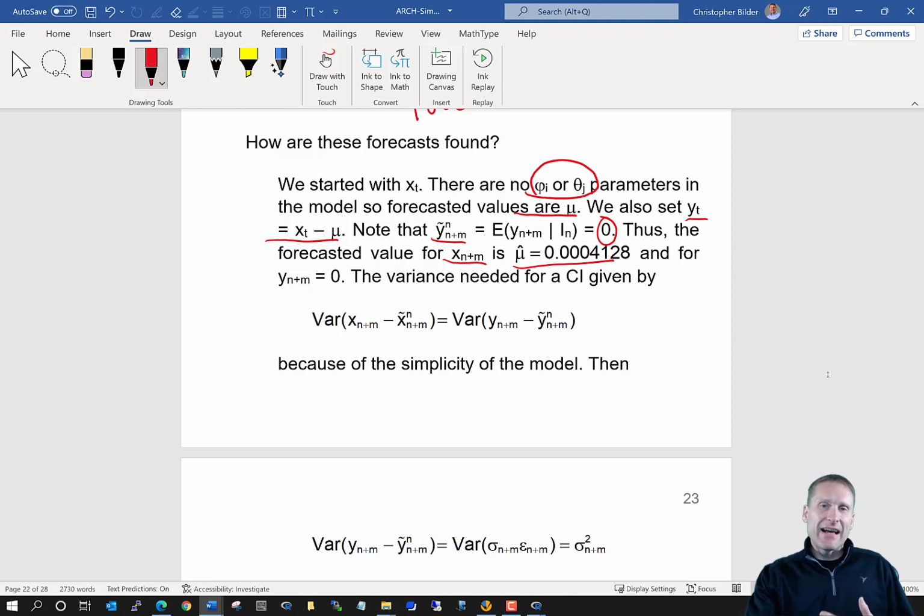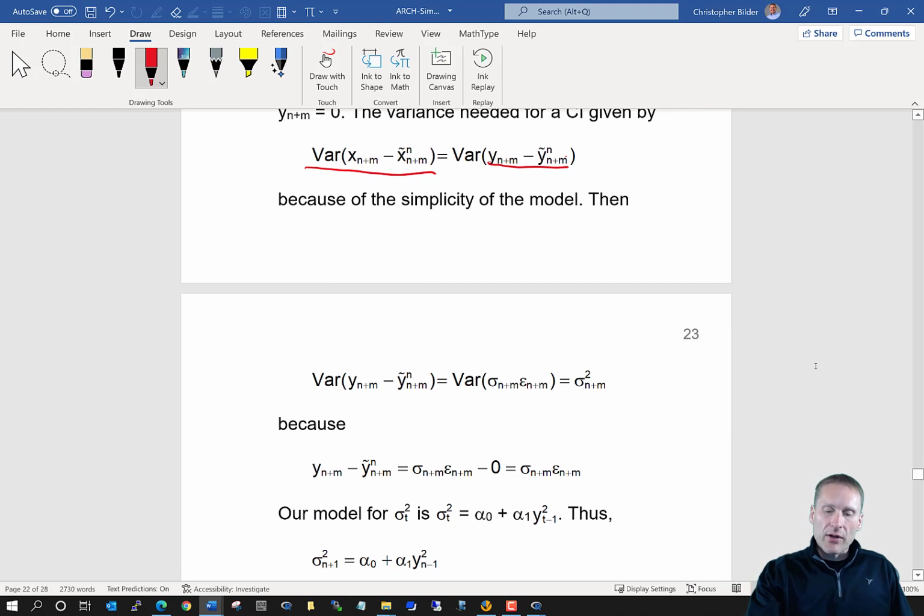So as I said, the forecasted value for x sub n plus m is mu hat. What we need now is to figure out what the confidence interval would look like, so we need a variance. Similar to what we've done before, we need the variance of the forecast error. Because of the simplicity of this model, this is equivalent to the variance of y sub n plus m minus the corresponding forecasted value. If we plug in what this is, we're left with just sigma times the epsilon.